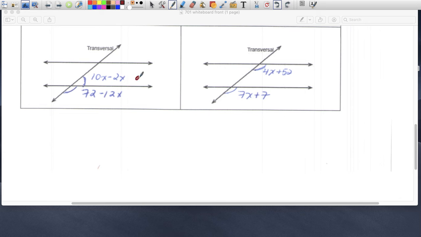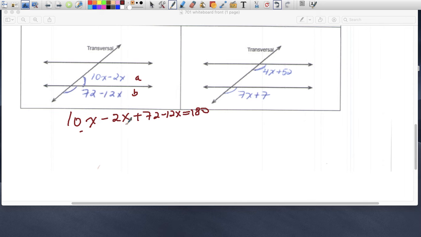This is A, and this is B. They're different, so again I have to do A plus B equals 180, so plus 72 minus 12x equals 180. Is this 10x minus 2x? I don't know what this means. Well, let's see, 10x, I don't like this. I don't know what that is.